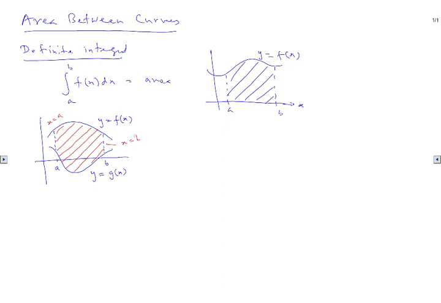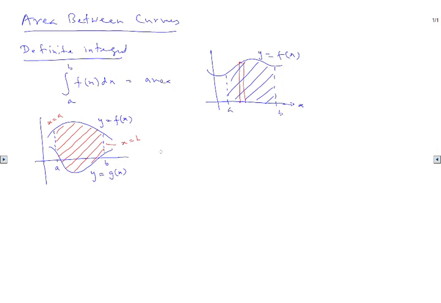So what we're trying to do is what we did before, when we had a single area problem: we draw approximating rectangles, find the area of each rectangle, and then add them. We do the same thing here.